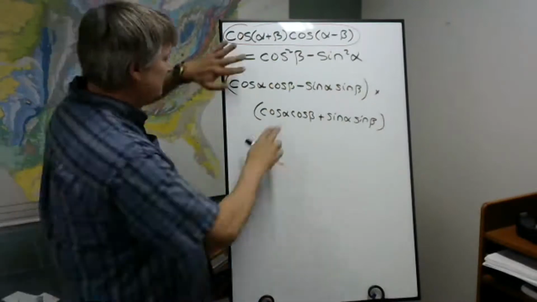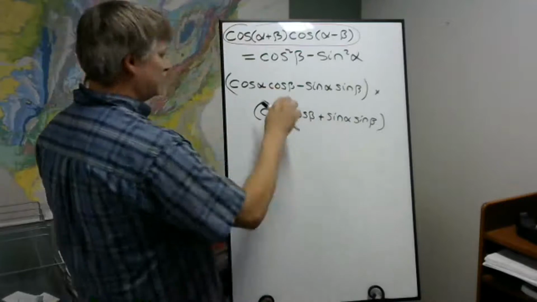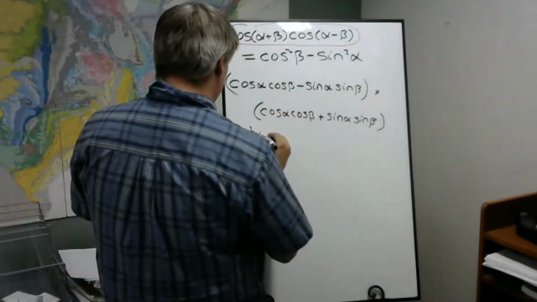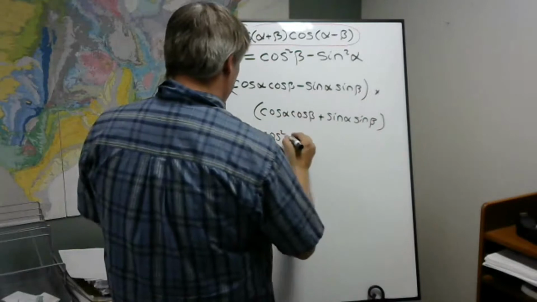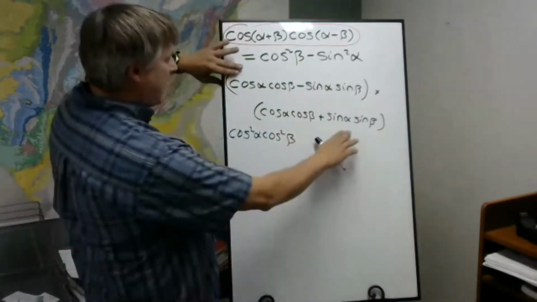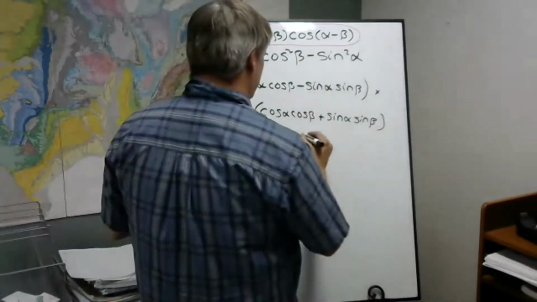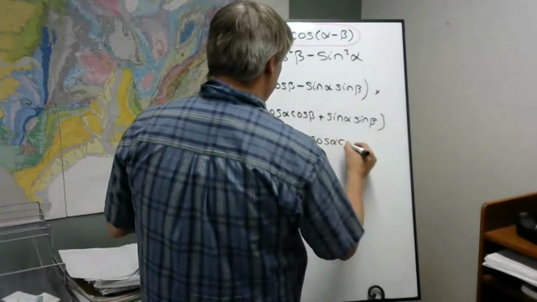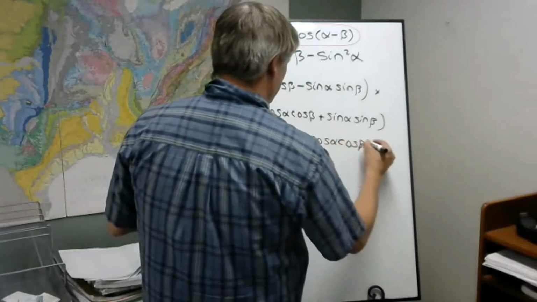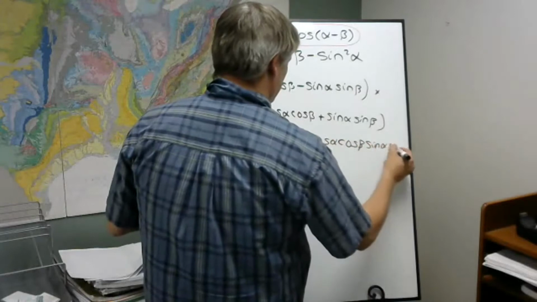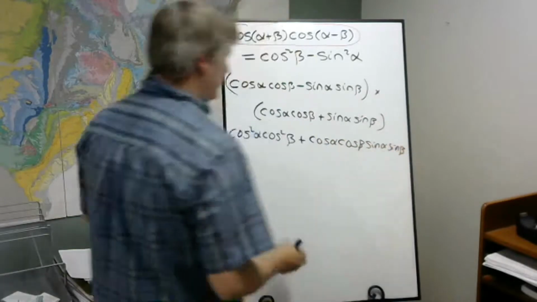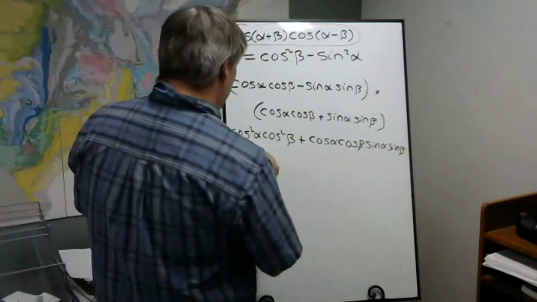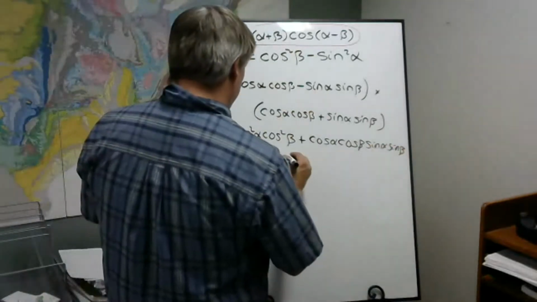So foiling it, first, multiply these two. Outer. And then our inner, and these are going to cancel out, but I'll go through the steps here just so you can see it.